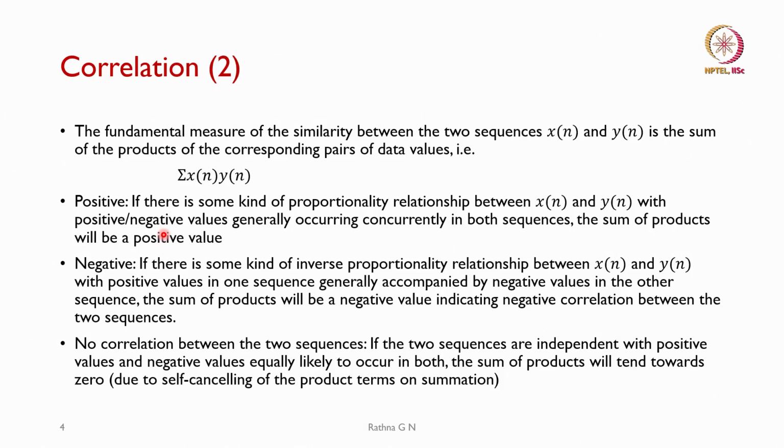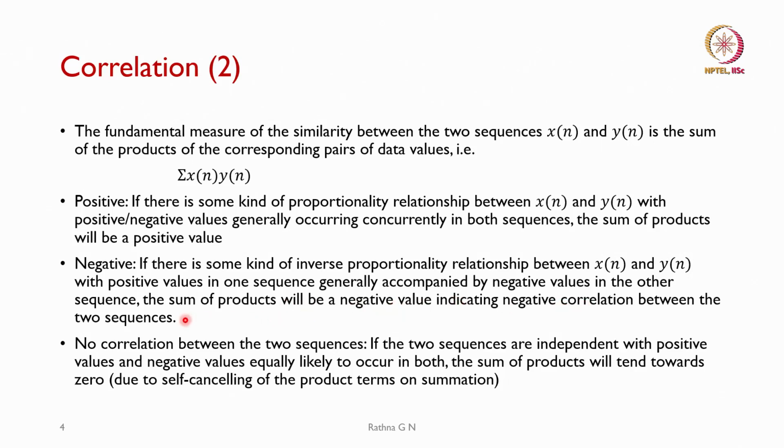Then we say that it is a positive correlation. We call it negative if there is some kind of inverse proportionality relationship between x of n and y of n, with positive values in one sequence generally accompanied by negative values in the other. Then the sum of products will be a negative value, indicating negative correlation between the two sequences.